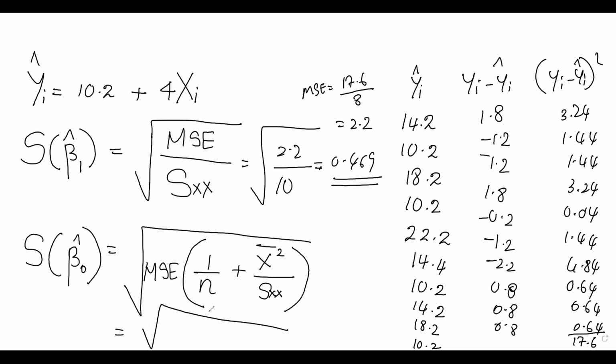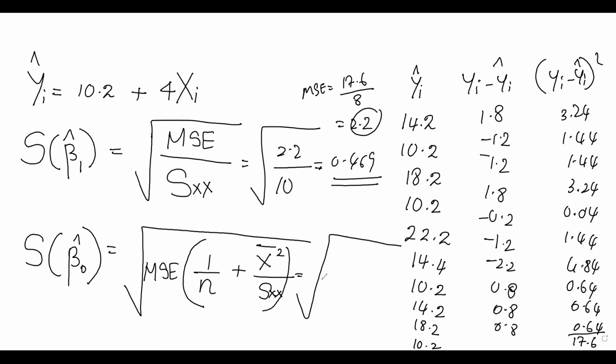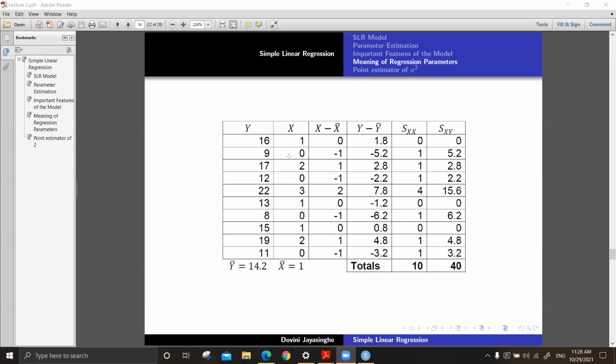So for this one, it's just a matter of substituting. You know MSE. Should I erase this and write it properly? MSE is what you found out to be 2.2, right? So 1 over the number of observations plus X bar squared, where X bar was found previously, that is 1. So how do you find X bar?